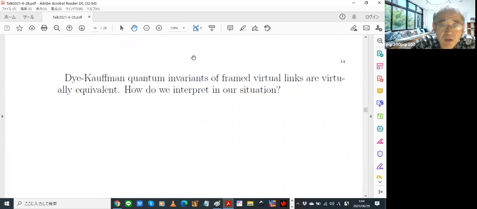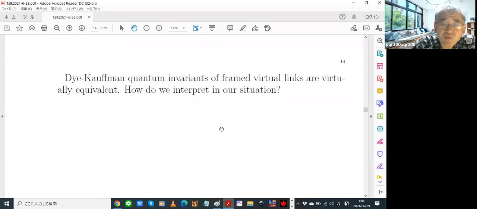Okay, and probably some readers will wonder the following question. Dye-Kauffman quantum invariants of framed virtual links are virtually equivalent. How do we interpret this in our situation?